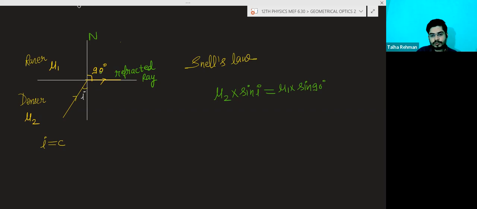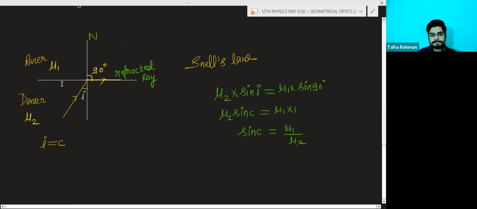So mu2 into sine I, and I is C, is equal to mu1. Sine 90 is 1. So you can find the critical angle: sine C is mu1 by mu2. This will be the formula.